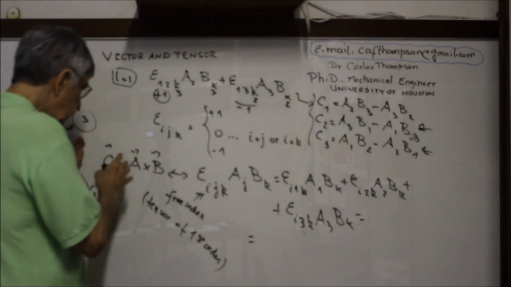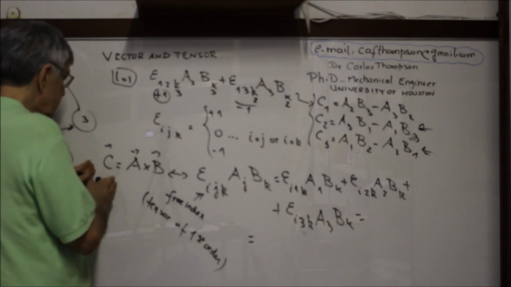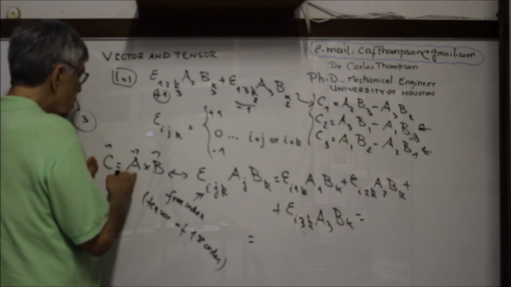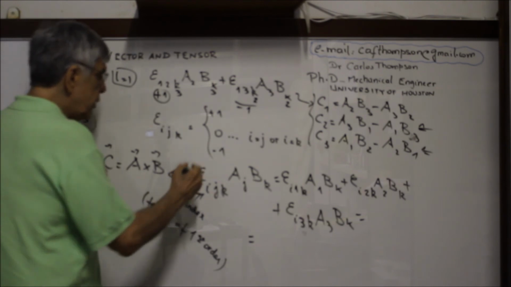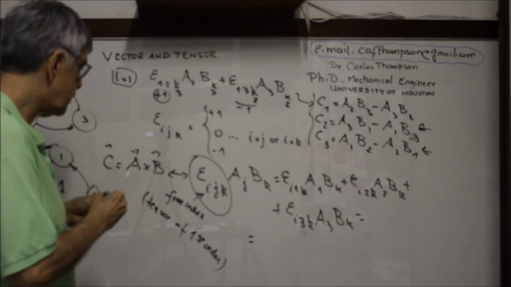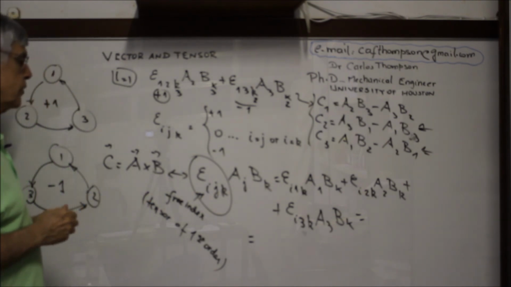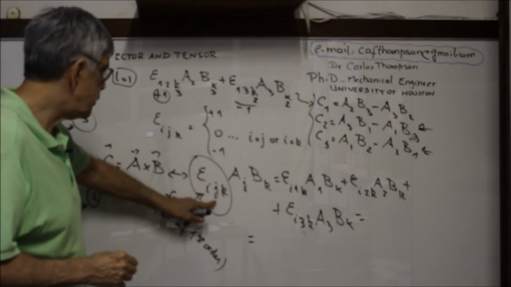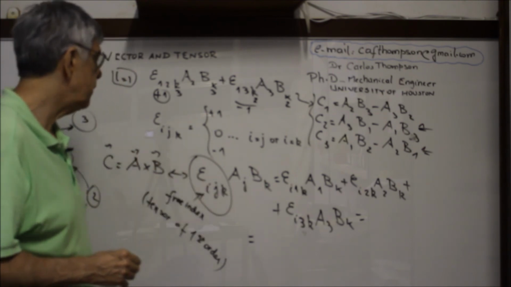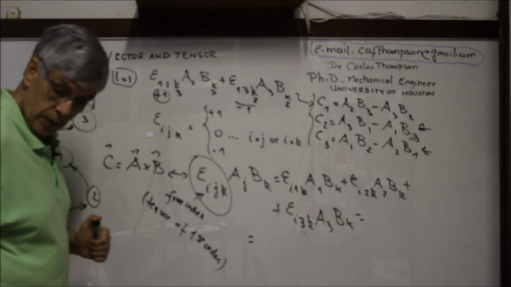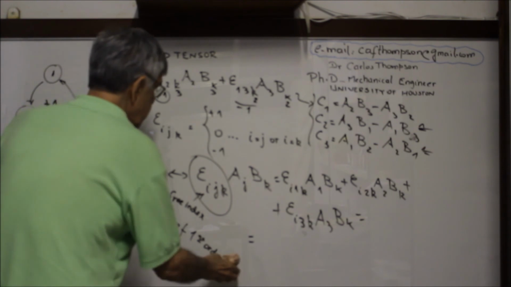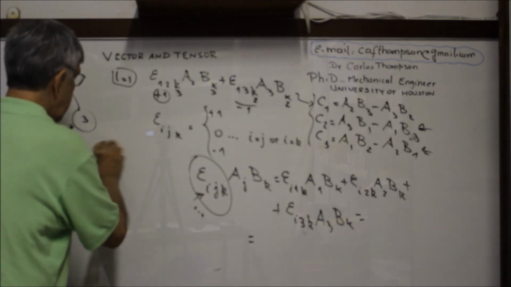So, to represent vector C as a result of A cross B, we use the permutation symbol. That's our message: C_i equals epsilon IJK A_J B_K. One important property is this.